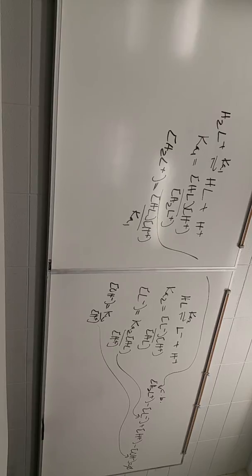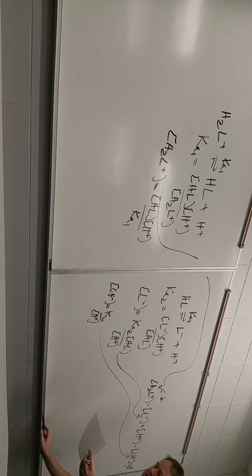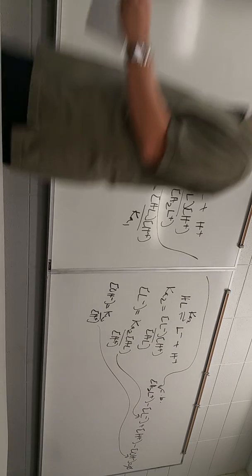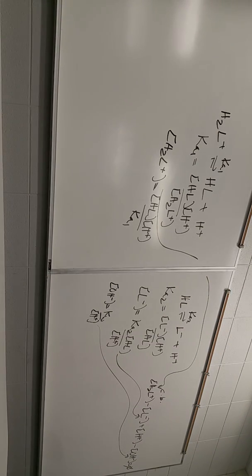But the common theme to all this is that we're isolating basically HL, which is what we've been given, and H plus, which is the other variable that we want to solve for. If we do that, we can write a new and improved charge balance equation that takes into account everything that we just did.